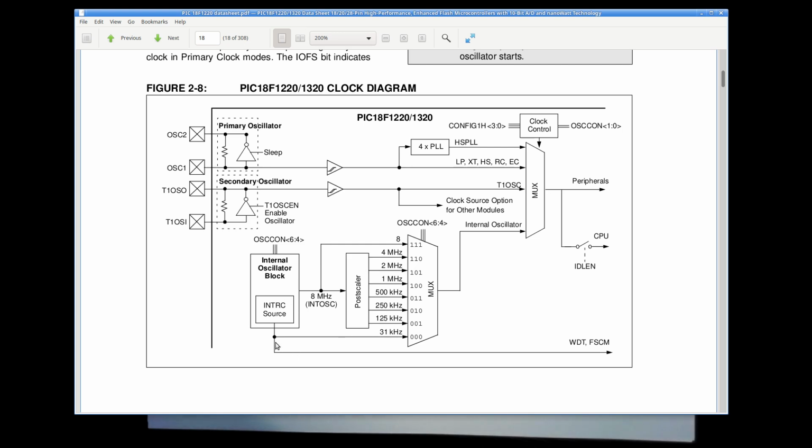And we also have a special low quality, an RC generated signal, 31 kilohertz. So we are able to generate from this piece of our system an internal oscillator running at anywhere from 8 megahertz down to 31 kilohertz. And that's what goes into defining what a clock cycle is.